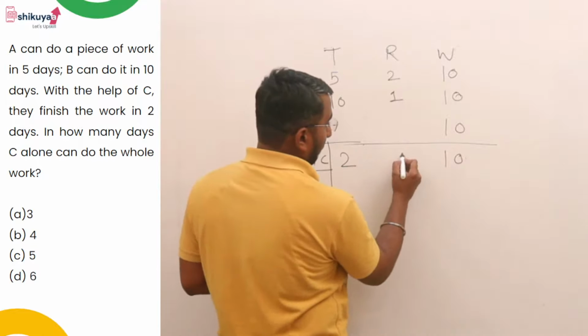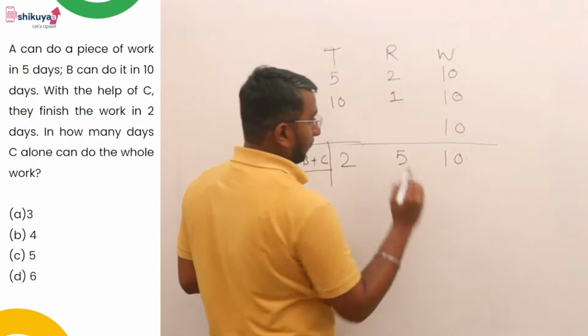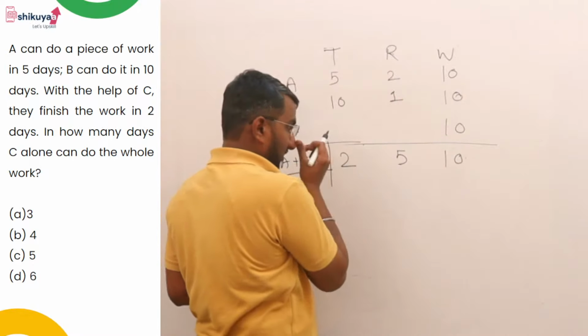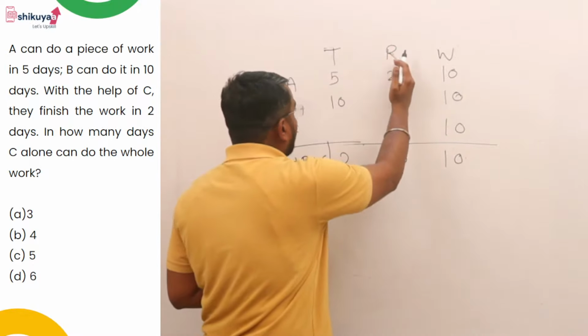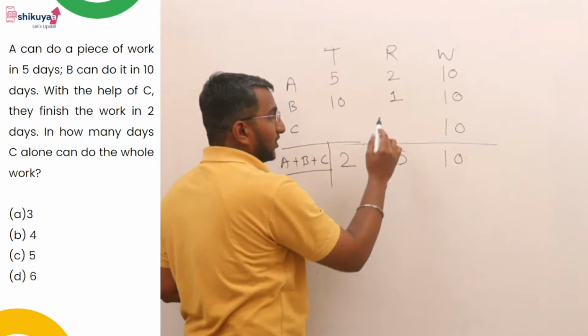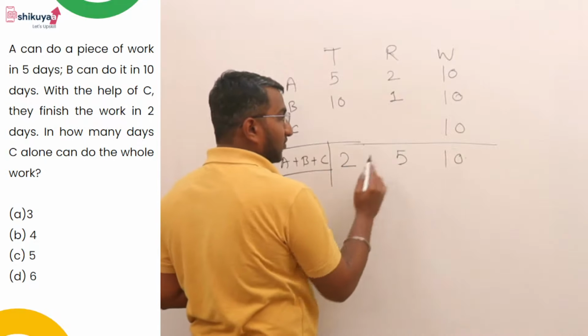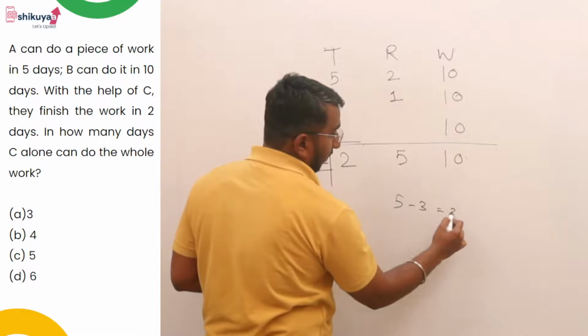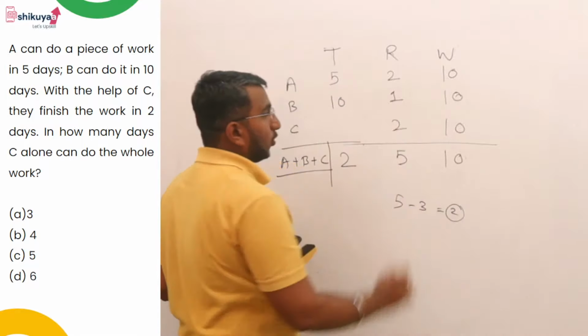So here the rate is 5, right? So the combined rate of A plus B plus C will be the addition of the rates of A, B and C. So here the rate of A and B is 3, rate of A, B and C is 5. So 5 minus 3 will be the rate of C, equal to 2, right?